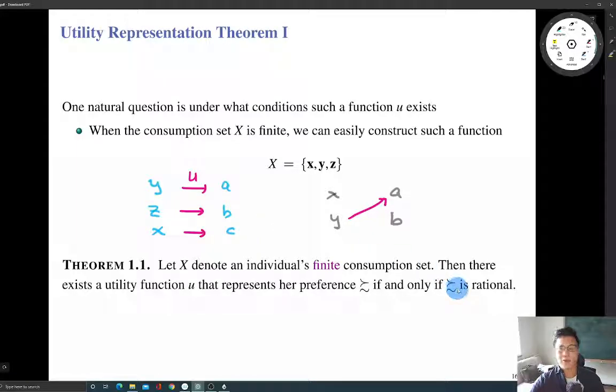And transitivity, the next assumption on rational preference, is immediate from the fact that the real number system is also transitive.